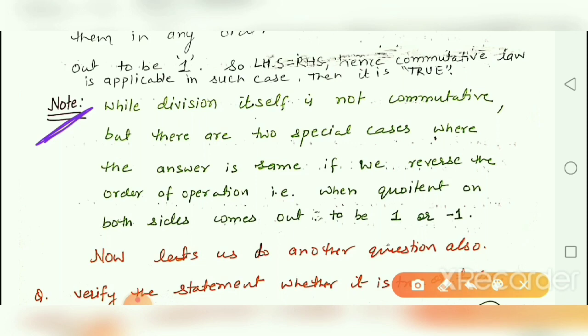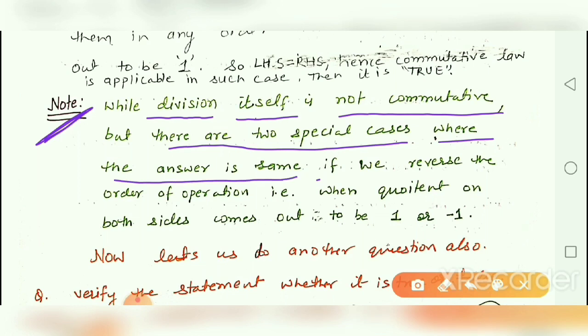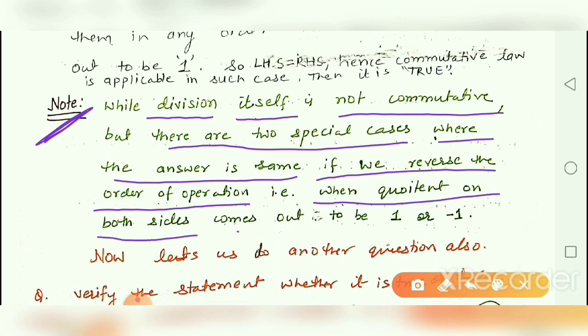You have to keep in mind that division itself is not commutative, but there are special cases where the answer is the same if we reverse the order of the operation, that is, when the quotient on both sides comes out to be 1 or -1, then this law is applicable. Now let me explain this with another example also.